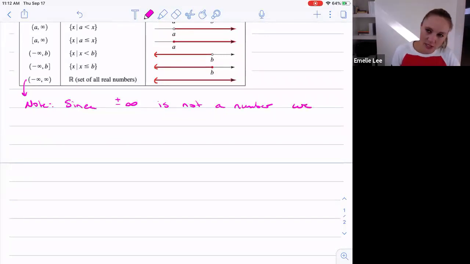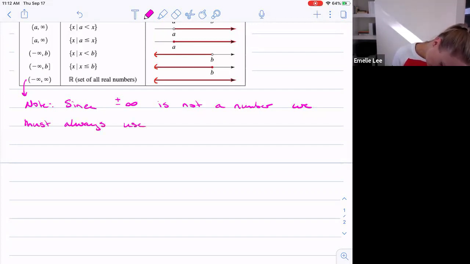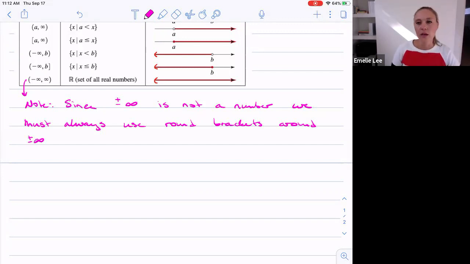we must always use round brackets around either plus or minus infinity. It's always lopsided there.